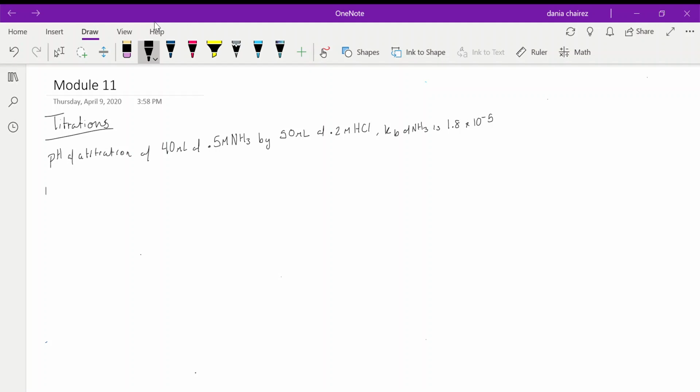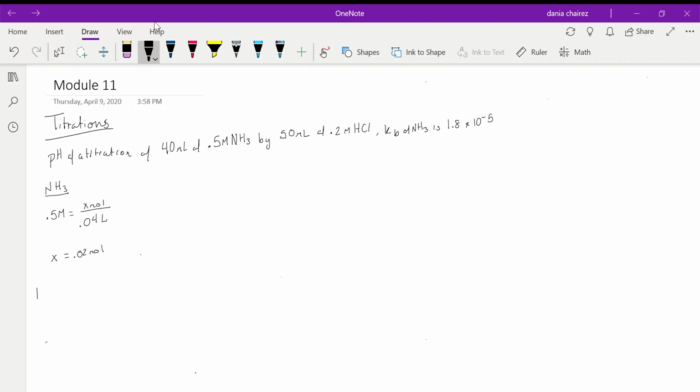So let's find the moles of ammonia first. So if we have a 0.5 molar solution, it's equal to X moles over liters. So we just convert milliliters to liters, which is a division by 1,000. So we end up with 0.04 liters, and we end up with 0.02 moles, and that's for NH3.